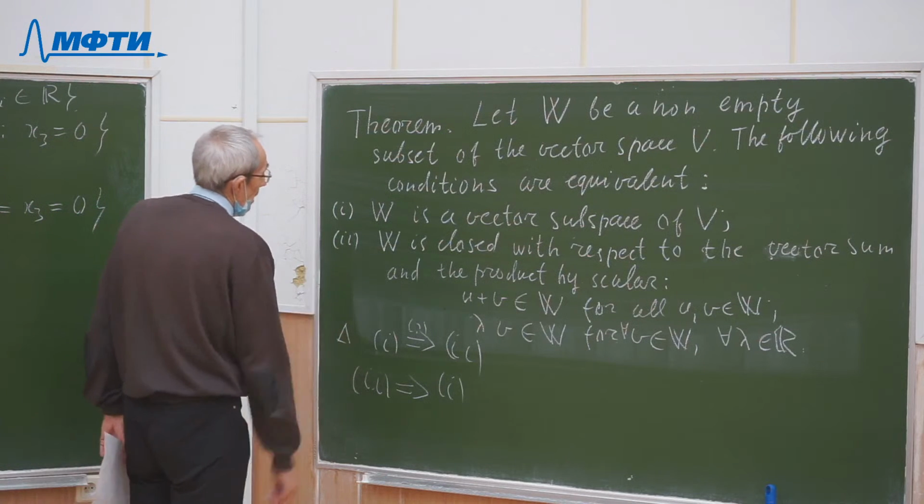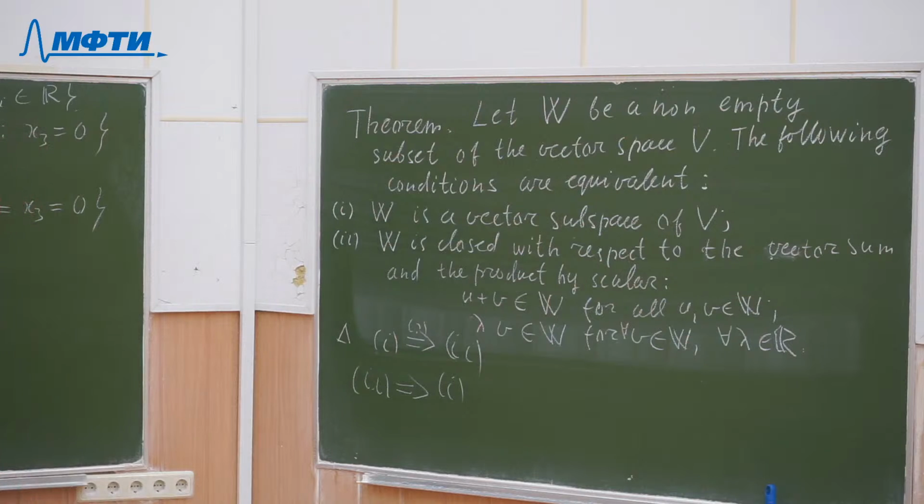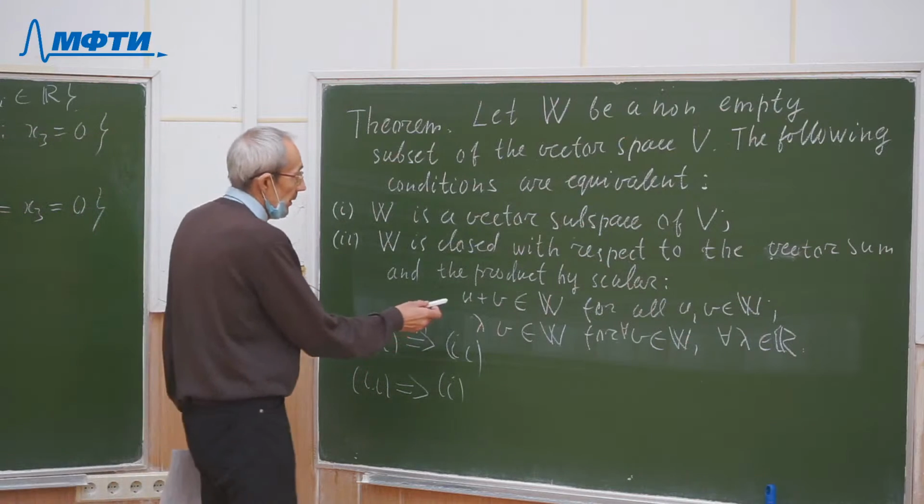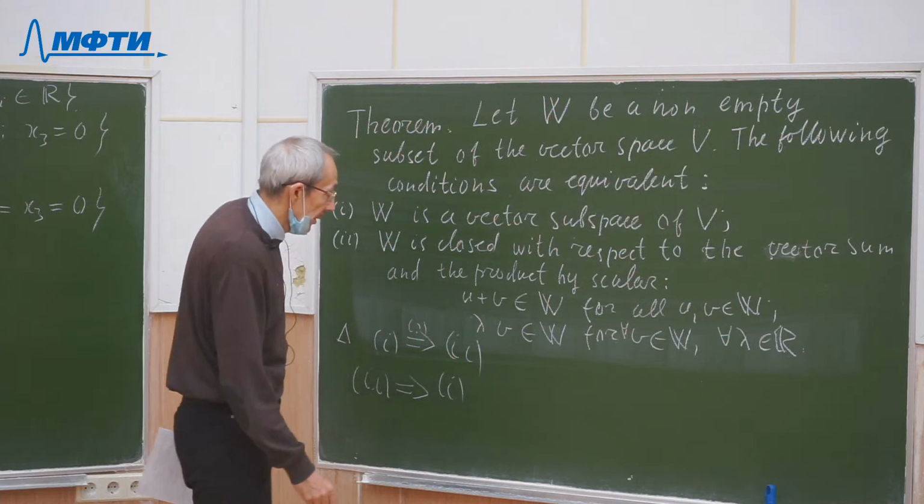If point 2 is fulfilled, we can prove that W is a vector space.